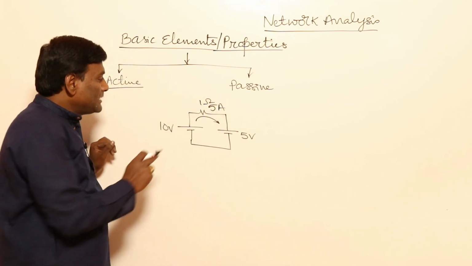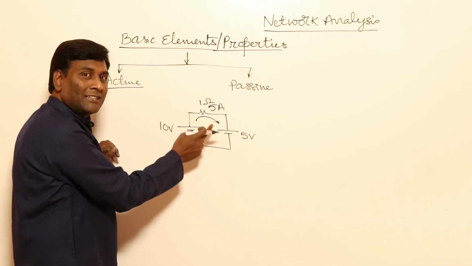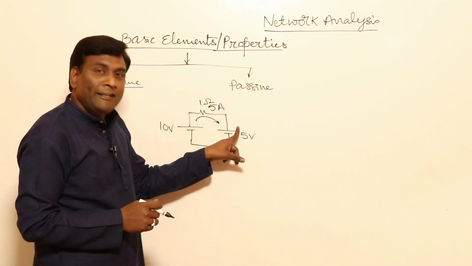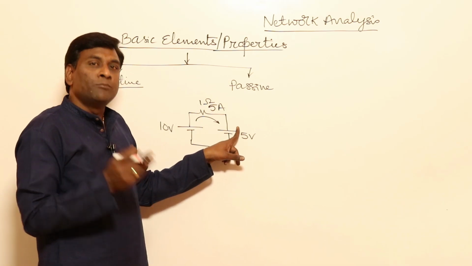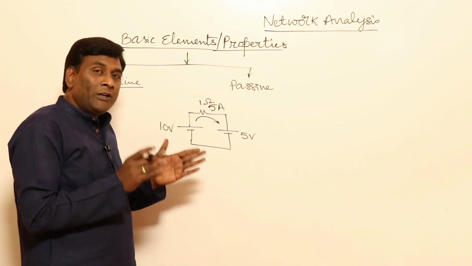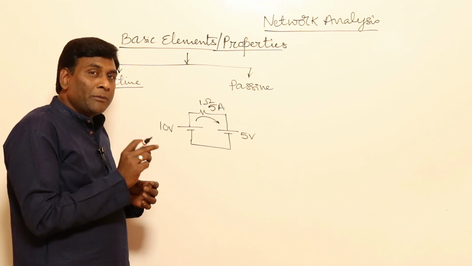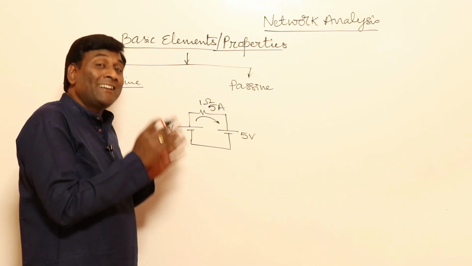So what is the power delivered by this? Current is coming out of the positive terminal, which means power is delivered. Current entering into the positive terminal means power is absorbed. In the previous session we have seen what power is: voltage multiplied by current entering the positive terminal is power absorbed, or voltage multiplied by current leaving the positive terminal is power delivered.